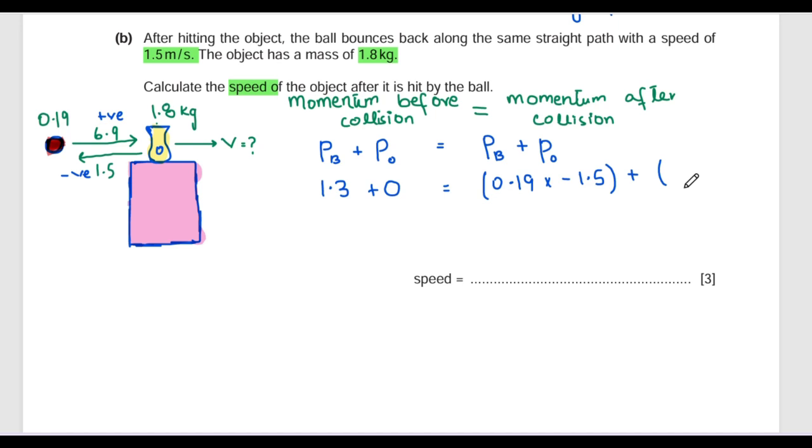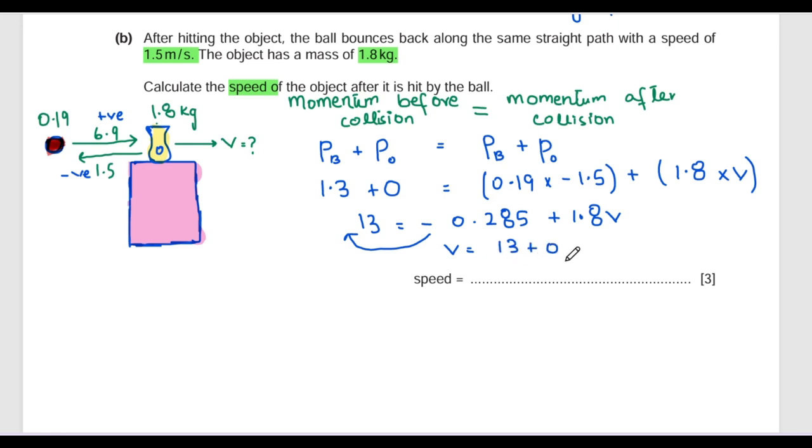And momentum of the object is mass of it, 1.8, times velocity of it, but we don't know the velocity. I am just writing v in place of velocity. I'll arrange the equation and solve it. 0.19 times negative 1.5 would be negative 0.285 plus 1.8v. Making v the subject, you bring every other thing to the opposite side of the equation, and the equation will become 1.3 plus 0.285 divided by 1.8.